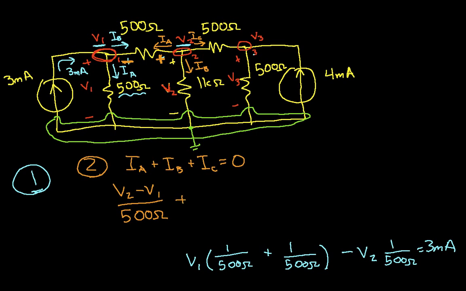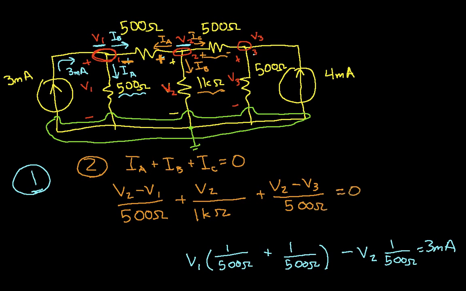Plus IB, the current through this 1K ohm resistor, is V2 over 1K ohm, plus IC, the current through this 500 ohm resistor, is V2 minus V3 over 500 ohms. And that will be equal to 0.